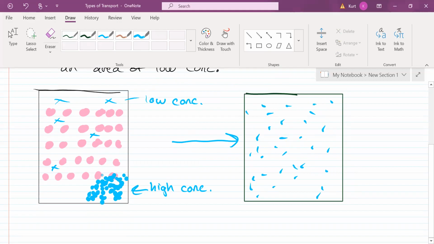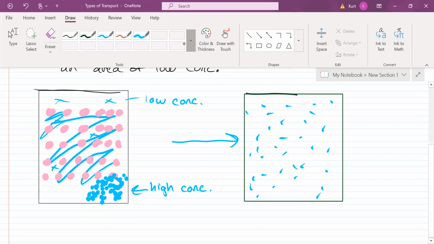And what would happen is, as we start to progress this way, more students will start to raise their hand, and then the students in the back row finally raise their hand, and we know it's gotten throughout the whole room. So generally, molecules are going to diffuse from a high concentration to a low concentration under the laws and the rules of passive transport. That is simple diffusion at its finest.